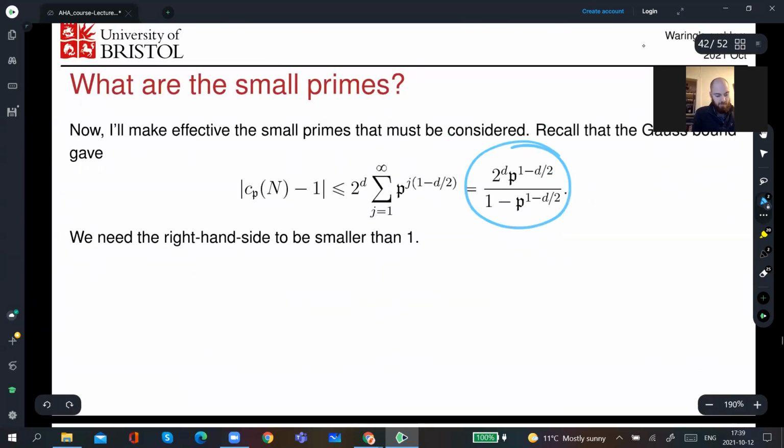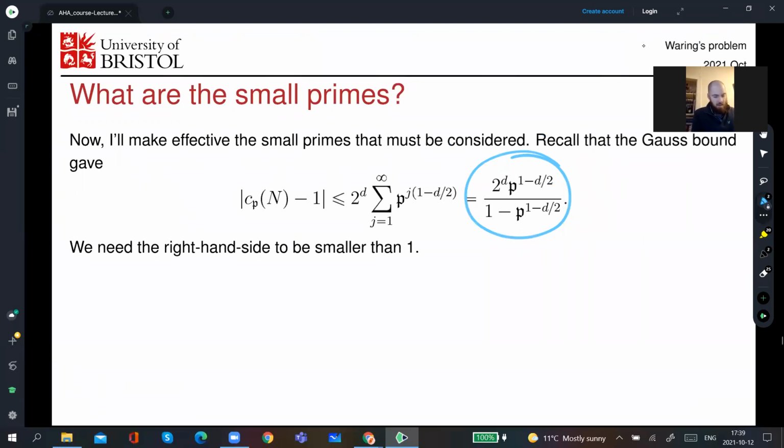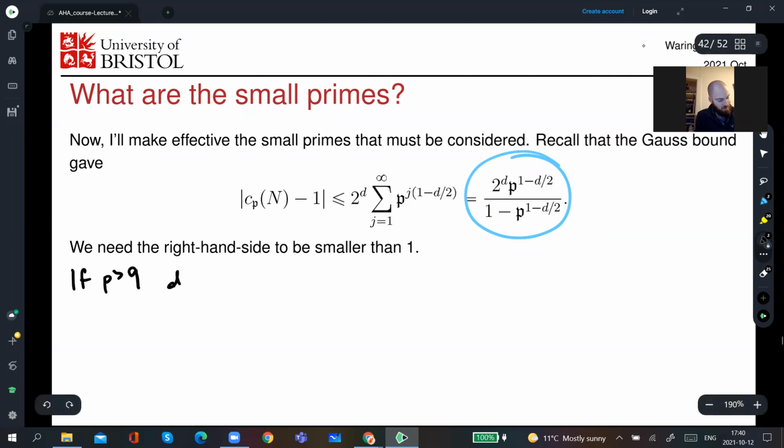So let's calculate what small means now. If p is greater than 9, and d is greater than or equal to 5, then I have p to the 1 minus d over 2 is less than 3 to the minus 3.